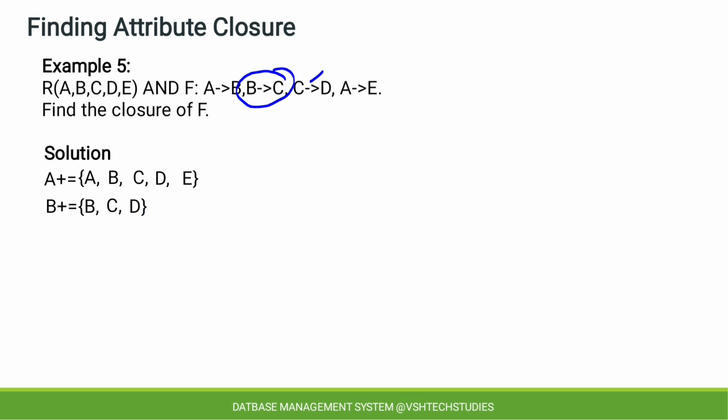We have found out closure of B is the set of attributes B, C and D. Next we'll have to consider C determines D. So first itself, then D is added. Then from this FD in F, we have got C closure is the set of attributes C and D.